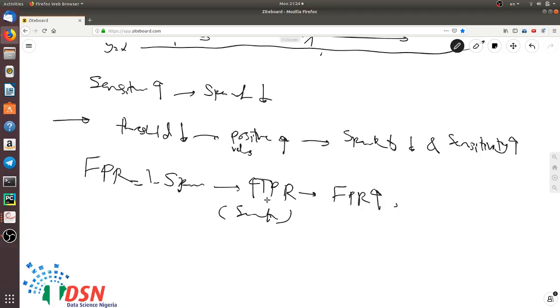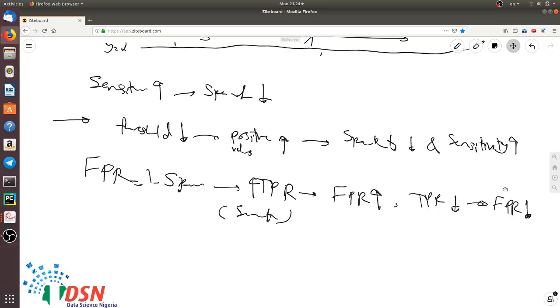So the true positive rate increases when the false positive rate increases, and vice versa. So if the true positive rate decreases, then the false positive rate decreases.